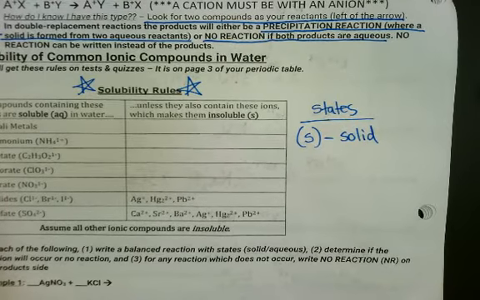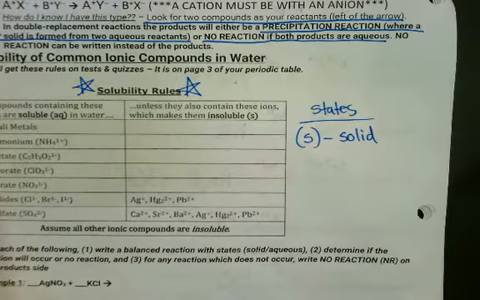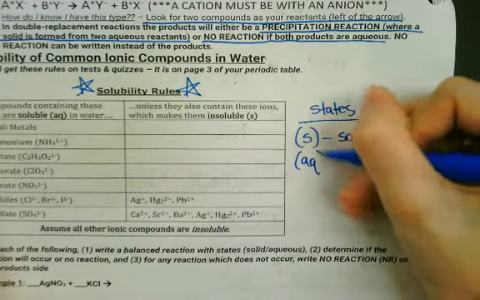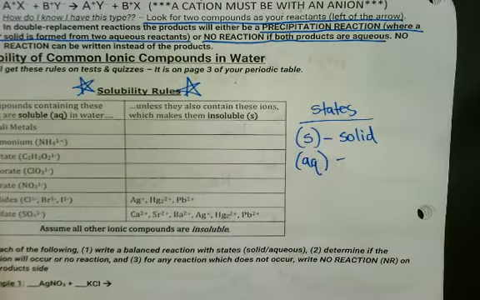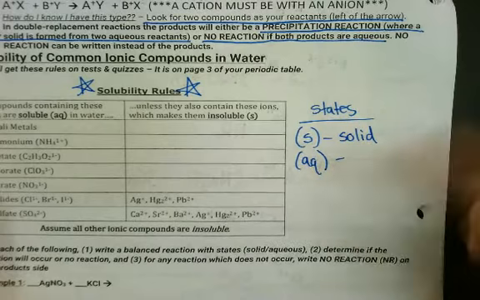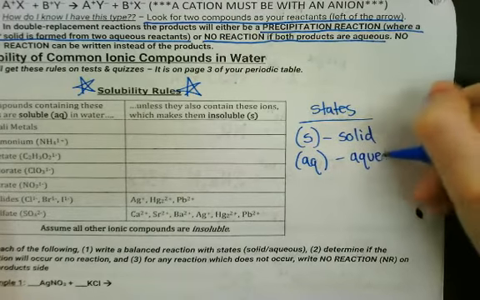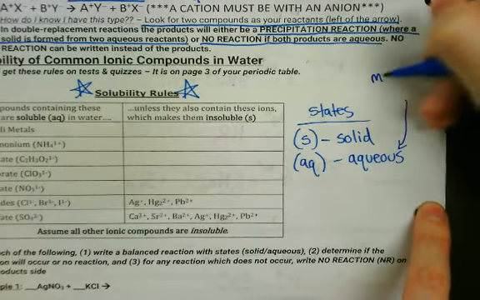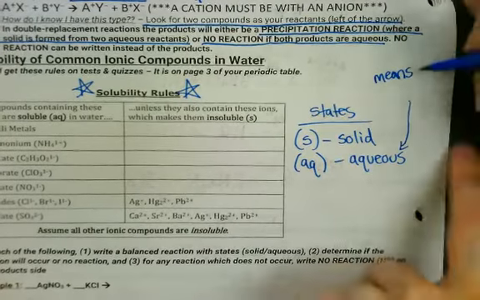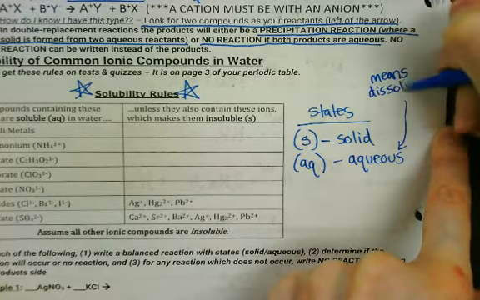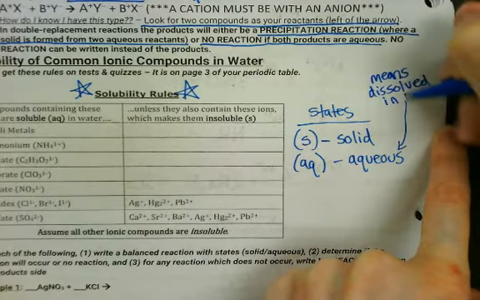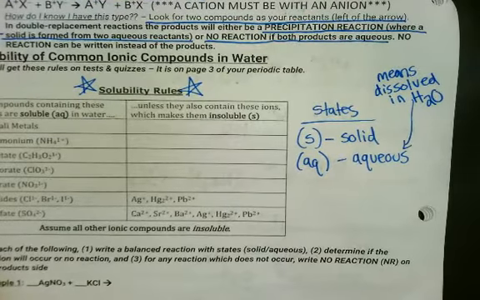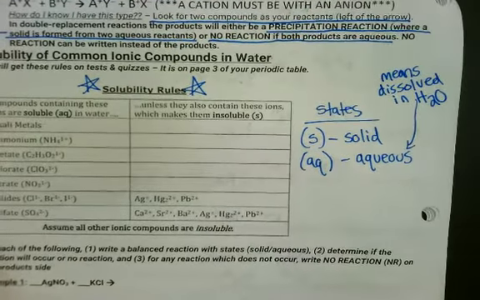If you have a precipitate in your reaction, it's going to have that solid symbol next to it. The other symbol that's going to be really important for double replacement reactions is aqueous. AQ means aqueous. And again, in case you forgot, aqueous just means something is dissolved in water, H2O. So you're aqueous if you are dissolved in water.